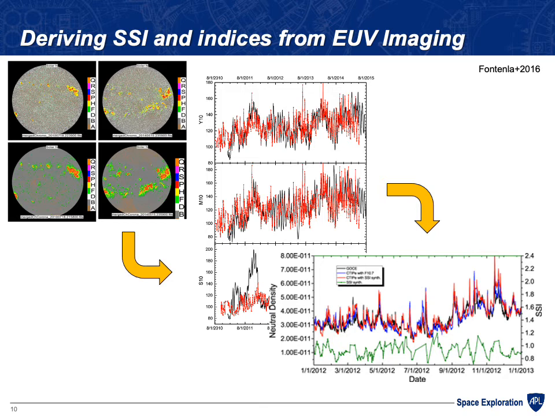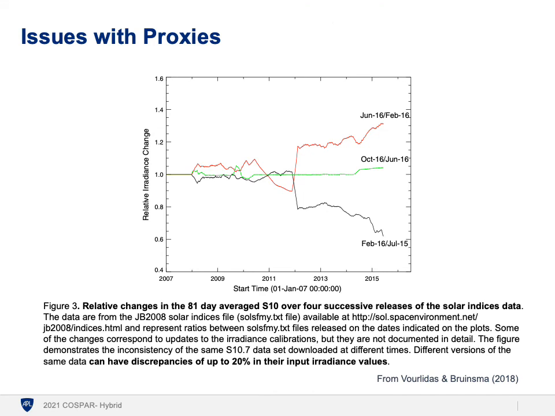When we looked into some of these other aspects, not this particular one, we found that some of those discrepancies arise from reevaluations of the indices because new instrument calibrations become available that may not be very well recorded, or the models may not be familiar with them, and therefore may use older versions that can result in up to, as you can see here, 40% difference in the irradiance that is being recorded in those indices. More details in the paper, but this is something that you should be aware of.